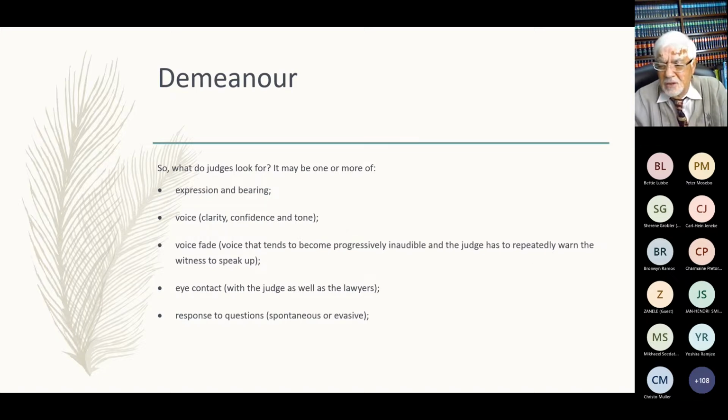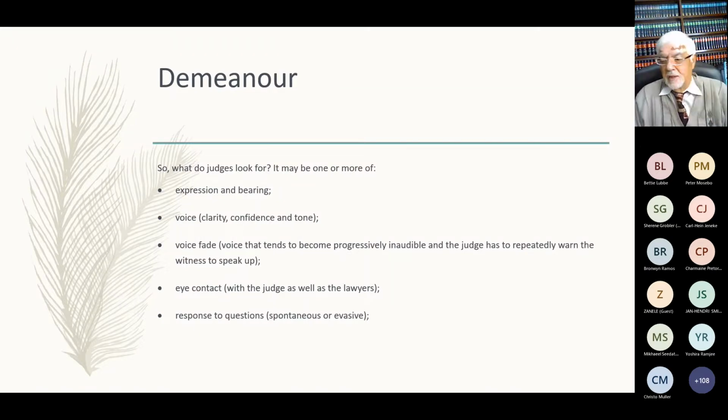Let's look at the things judges look for when cross-examination takes place. Now, you've heard of this thing called demeanor. Demeanor is the physical presence of the witness and their performance in the witness box as observed by the judge.